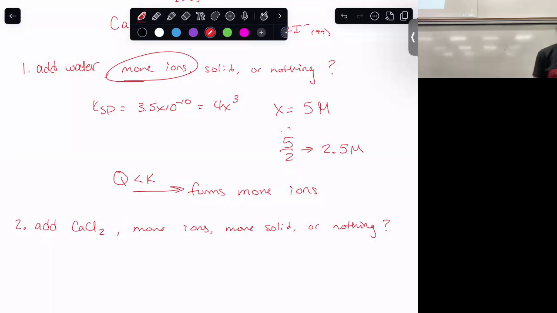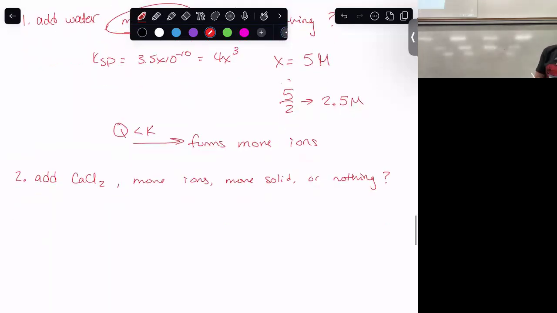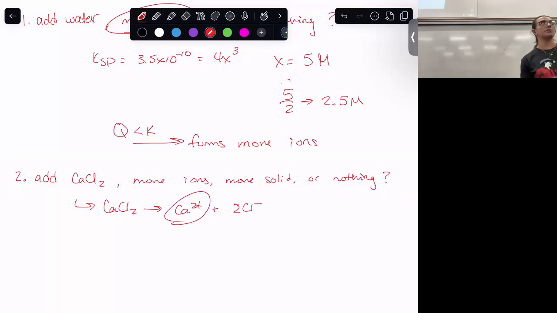Perfect. Yep. So if we have more calcium chloride in solution, it's going to break apart into calcium 2 plus and 2Cl minus. The 2Cl minus doesn't have anything in common with the calcium iodide, but we have now this calcium 2 plus already hanging out in solution, contributing to the ions in solution.